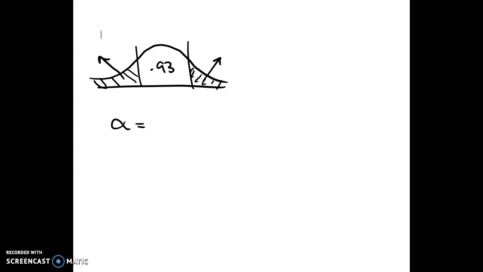Now I know that the area of the entire normal distribution is equal to 1, and I'm just trying to take out the confidence level, this right here in the middle, so I am left with either side. So what I'm going to do is 1 minus my confidence level, and that's going to give me 0.07.